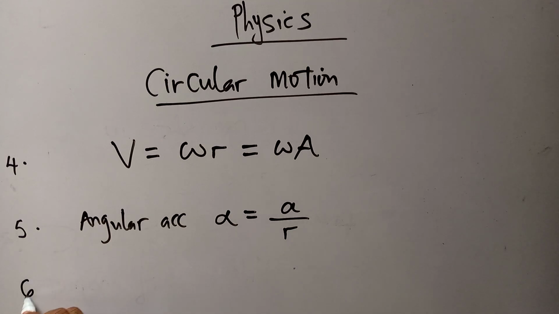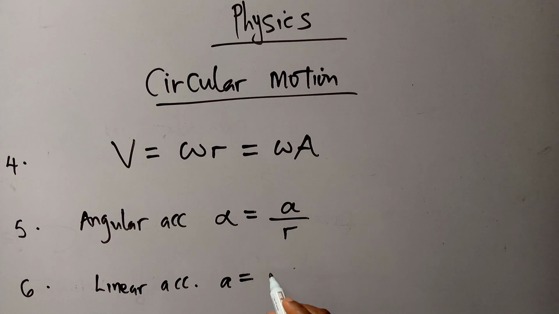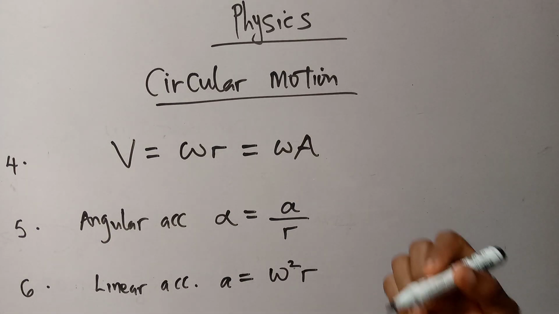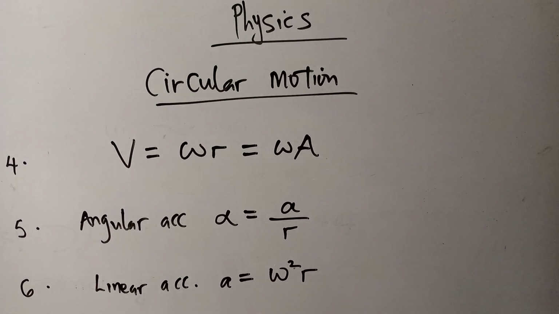Also, from circular motion, your linear acceleration a can be calculated using the formula angular velocity squared times the radius of the circular path. So with these formulas, you can solve any problem involving circular motion.